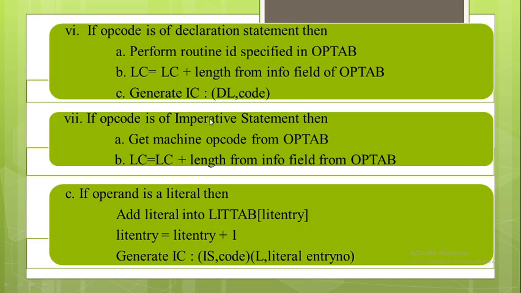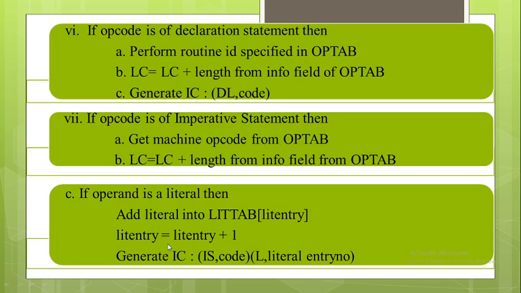If the opcode is of an imperative statement, then the machine opcode from the op tab will be initialized, and LC will become the value of LC plus the length from the information field of the op tab. If the operand is a literal, then add the literal into the lit tab with the proper literal entry.